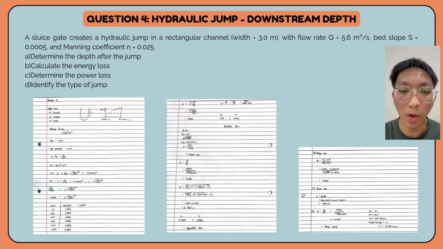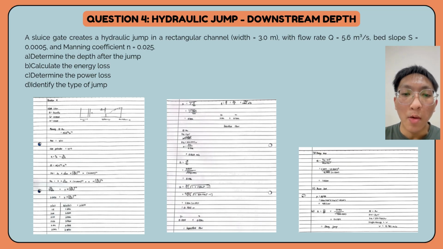429.7 kilowatt. For the last question, find the Froude number with formula Fr equal to V divided by square root of g times D. Before we find the Fr, we have to find the V. So we use the formula Q equal to AV and insert the data, and lastly we will get the V equal to 13.983 meter per second.